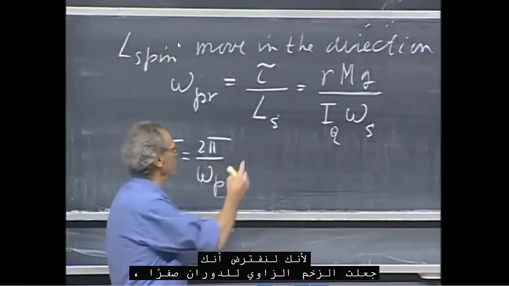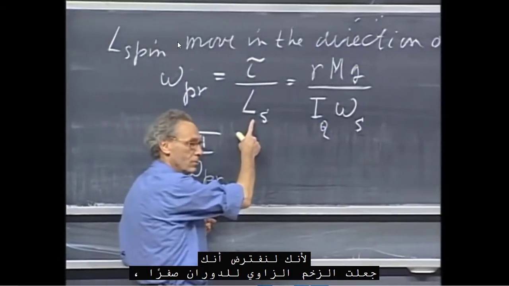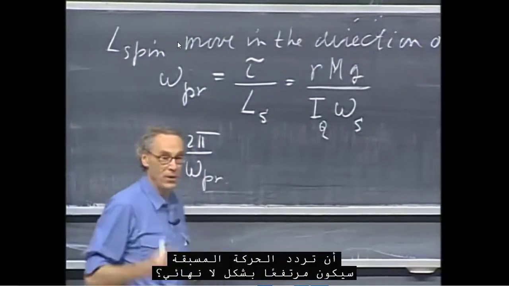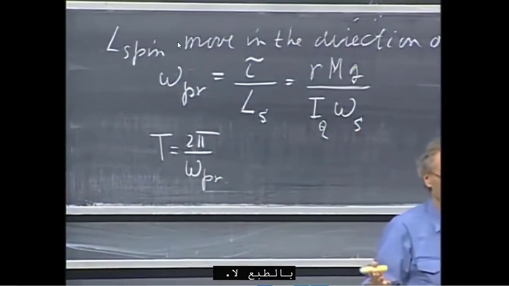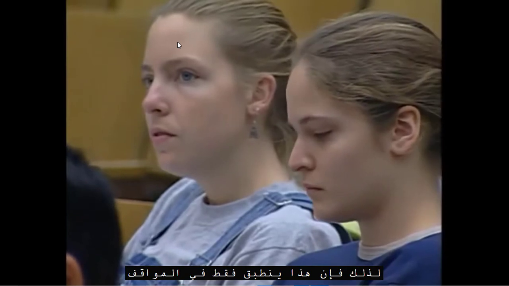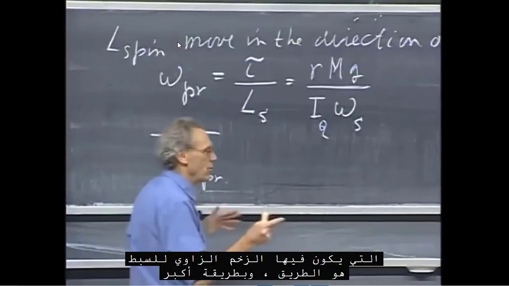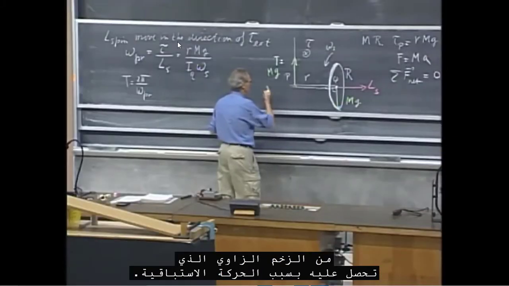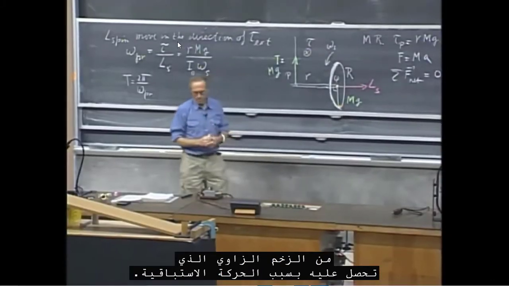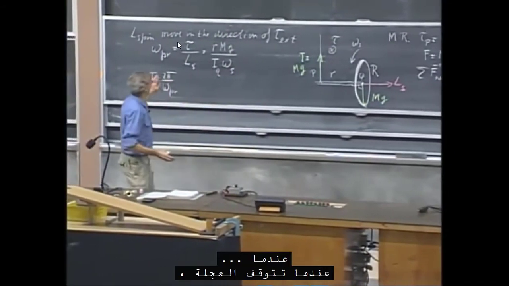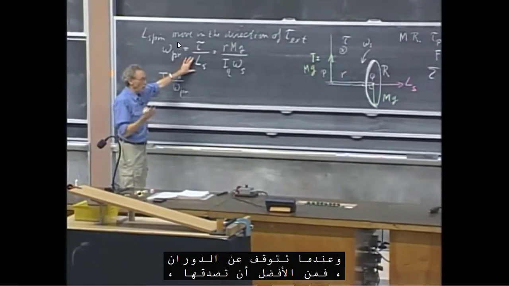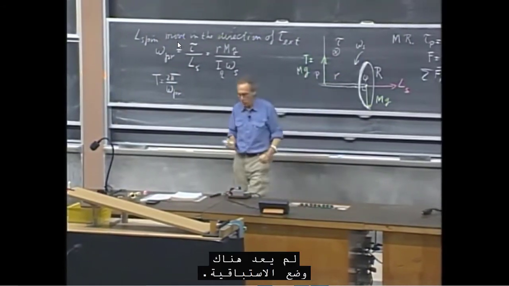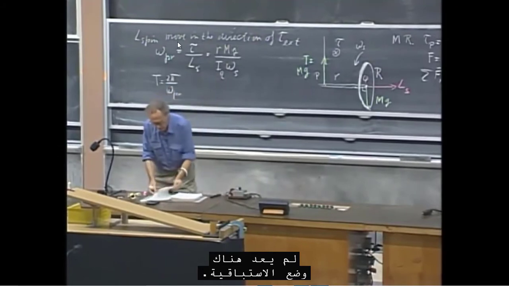And you can see that immediately, because suppose you made the spin angular momentum 0, that it is not spinning at all. Do you really think that the precession frequency will be infinitely high? Of course not. So this only holds in situations where the spin angular momentum is way, way larger than the angular momentum that you get due to the precession. So there are restrictions. When the wheel comes to a halt, when it's no longer rotating, you better believe it, then the thing will go clunk. There's no longer the precession mode.